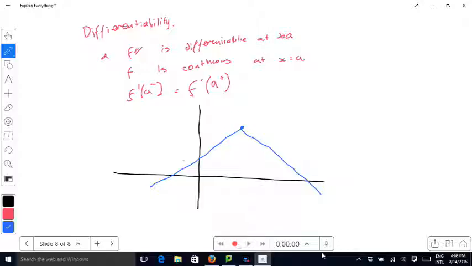Remember, derivatives just look at the gradient. So I have a positive gradient on the left, whereas I have a negative gradient on the right. Because I get two different numbers here, it's not differentiable. Essentially, a sharp point like that is not differentiable, just as a rule of thumb.